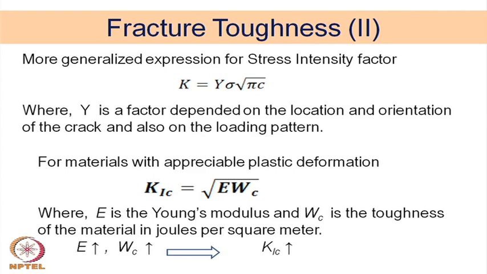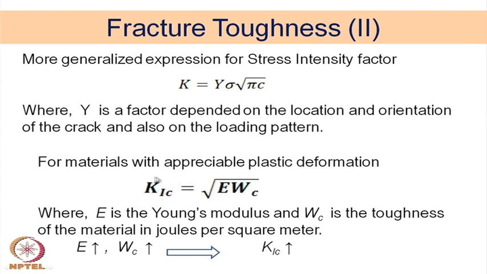Okay. Whereas, in case of brittle material, the area under the curve is much lower, and the more critical parameter is fracture toughness, the stress required to initiate the crack, and that is more important than the area under the curve. Okay. The total energy is not that important, but it is the stress intensity factor which is more important.